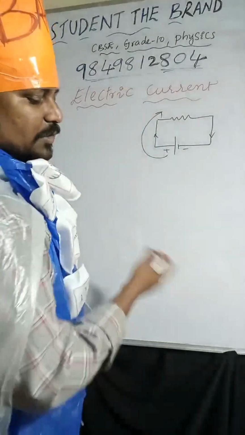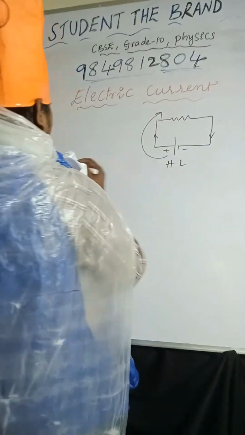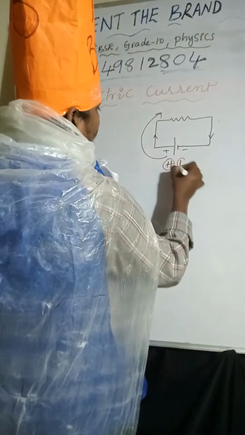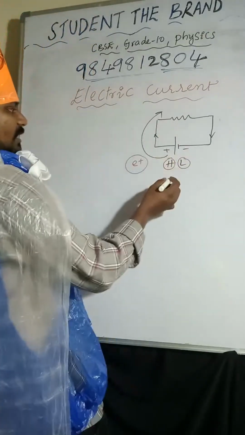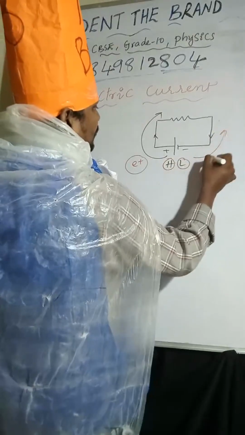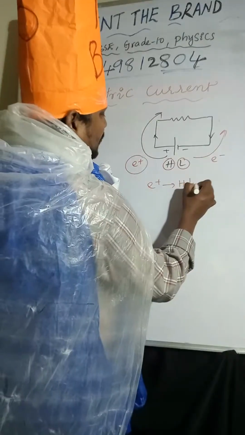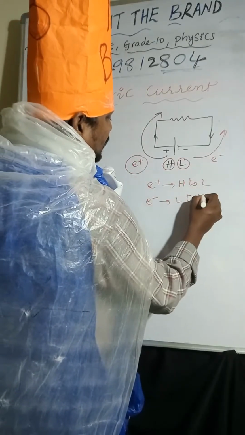Positive charges will move from the positive terminal to the negative terminal, that is, from high potential to low potential. Electrons will move from low potential to high potential.